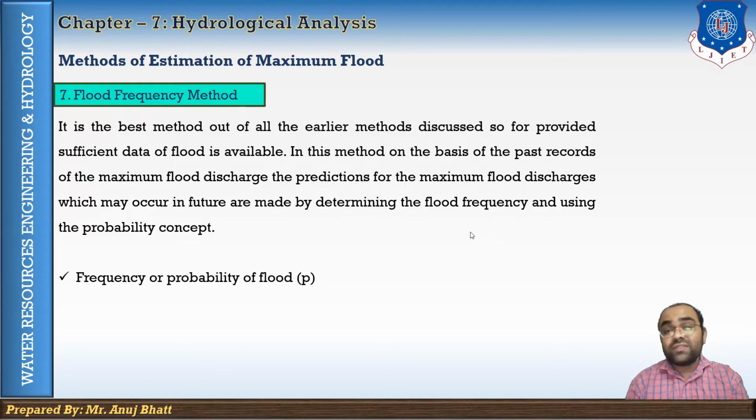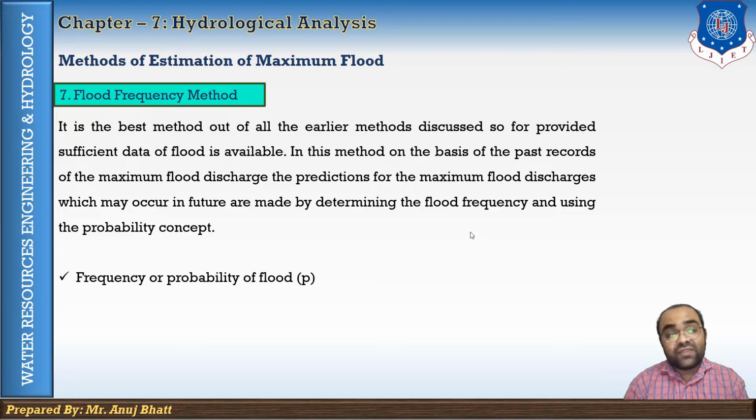Flood frequency means the number of times a flood of given magnitude will be equaled or exceeded in any year. It is usually expressed in percentage. Thus a 20% frequency of a flood means that there are 20 out of 100 chances of the flood being equaled or exceeded in any year.